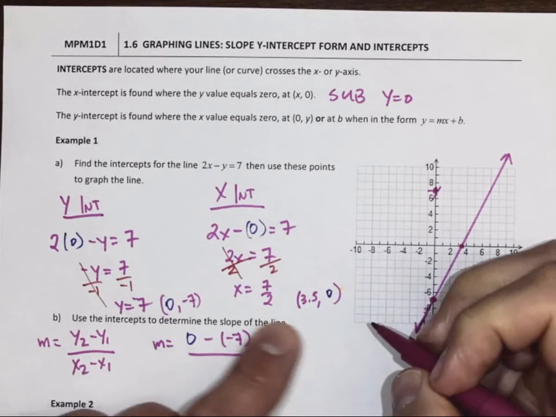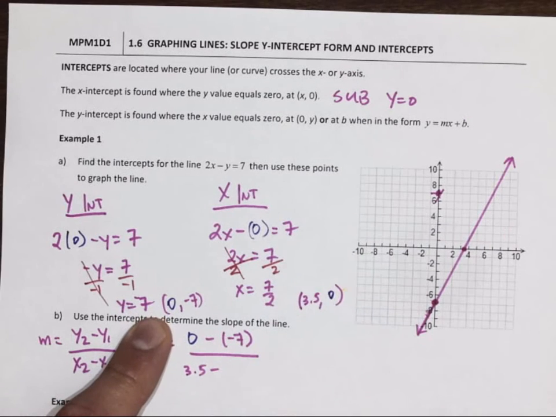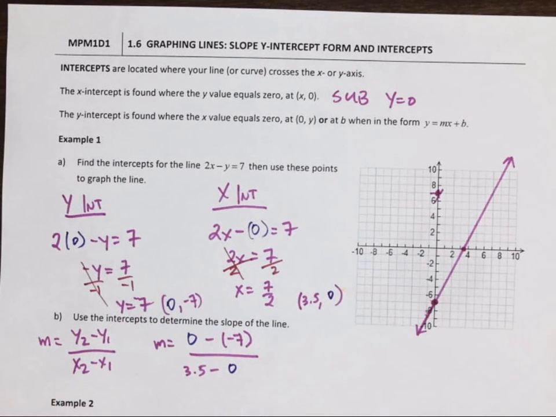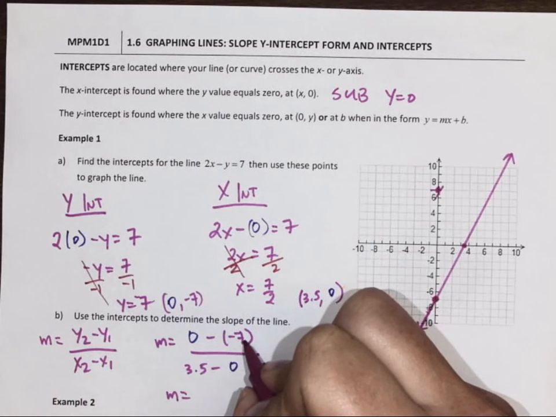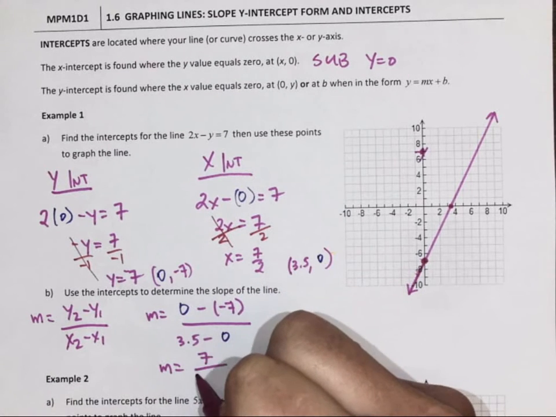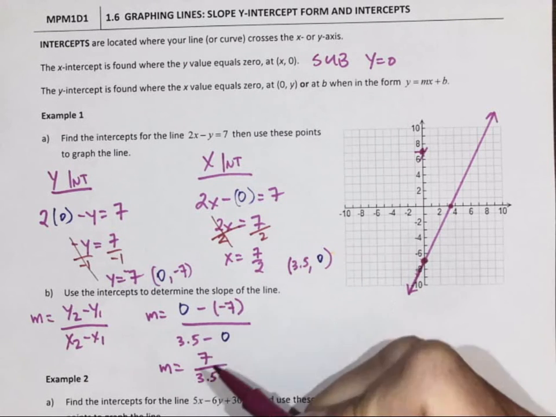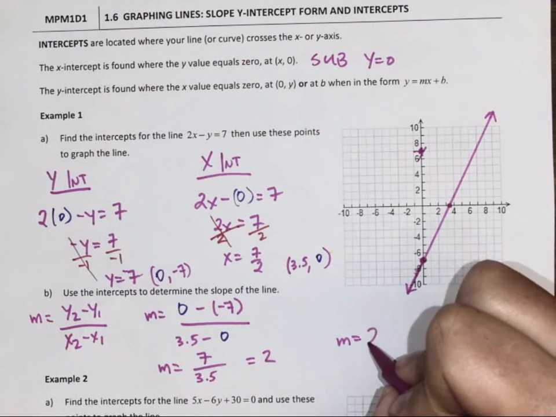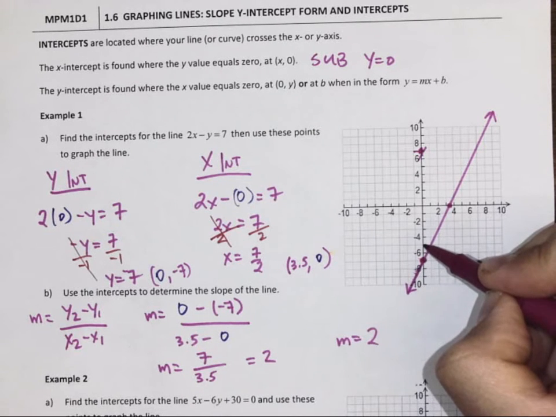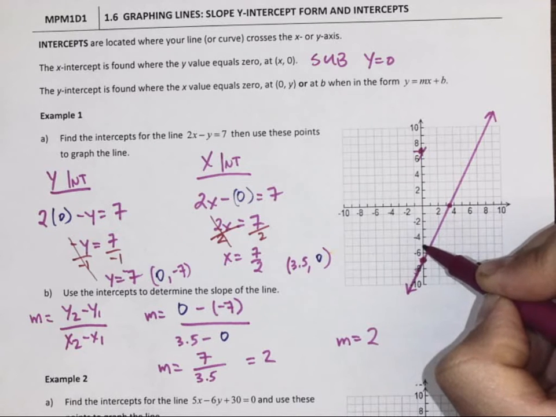And all that is over x2, 3.5, minus x1, 0. Slope is going to be negative times negative 7 is positive 7 over 3.5, take away 0. 7 divided by 3.5 is 2. So our slope is 2. Up 2. And watch the scales. Right? 1, 2. Over 2.